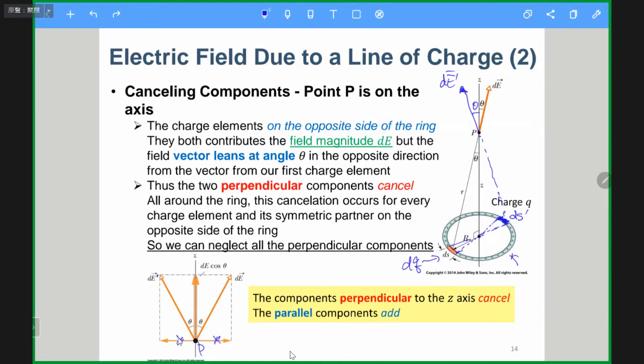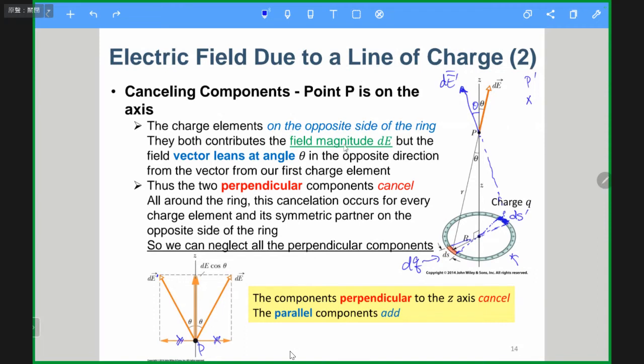If the x-axis components cannot cancel each other, then we need to integrate the different components one by one. Okay, and then it will make things complicated. That's why we are not able to calculate at a point P prime off the z-axis. It will make things very complicated.